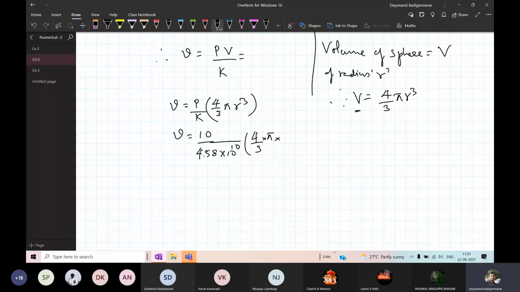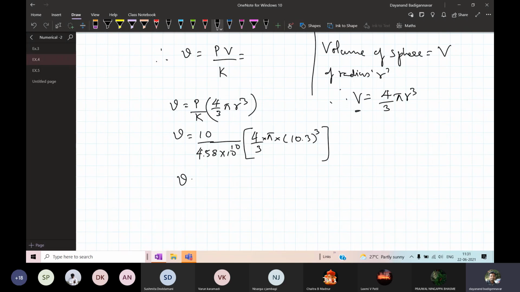R is the radius, which is given as 10.3 meter cube. So this is the value you get.